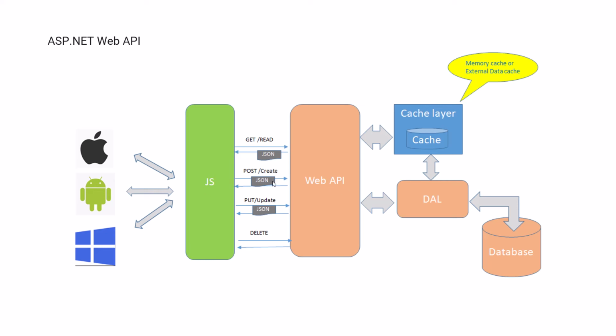When you have endpoints like this, you just expose them, and the consumers use those endpoints and consume the services accordingly. So let's talk about how you create a web API using Visual Studio.